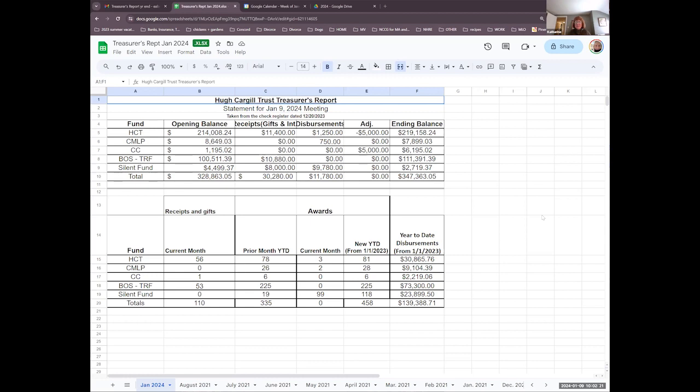I just think we're going to make some people unhappy if we do that. I think Hugh Cargill Trust is sort of sacrosanct. It's what we originally were set up to do, and I don't think we should be stealing from that fund for tax relief.